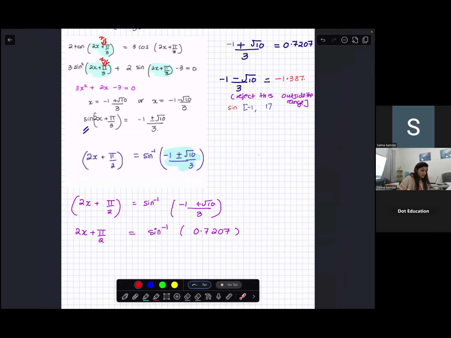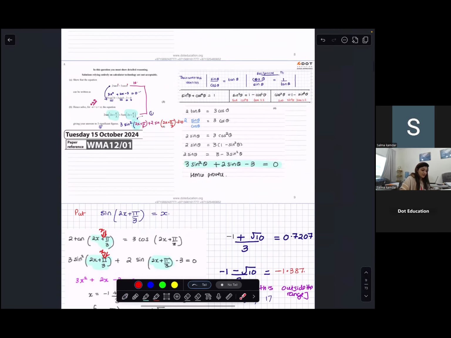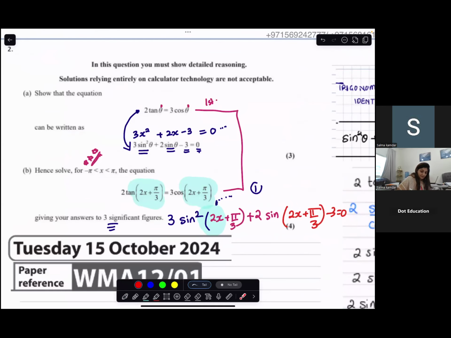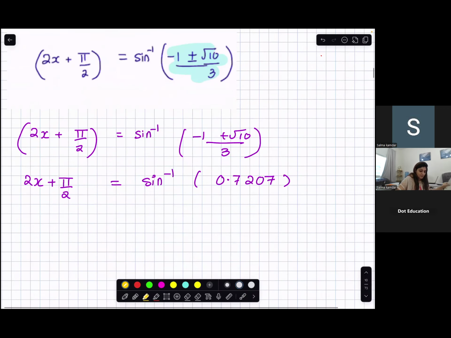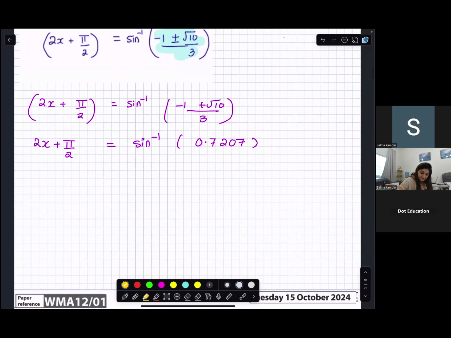Now the question is that when you are finding sine inverse of that, you need to do everything in rad. The reason why you need to do everything in rad is because your range is in pi. Whenever they give you a range in pi, you will do everything in rad. So be mindful that all your answers should be in rad.